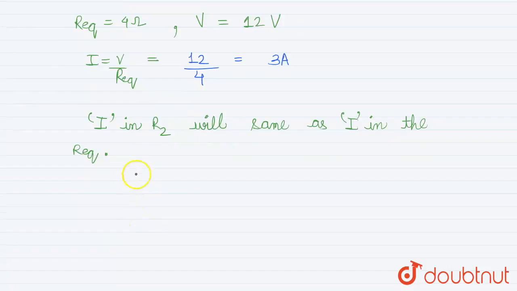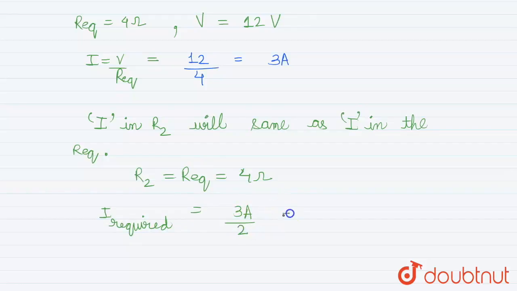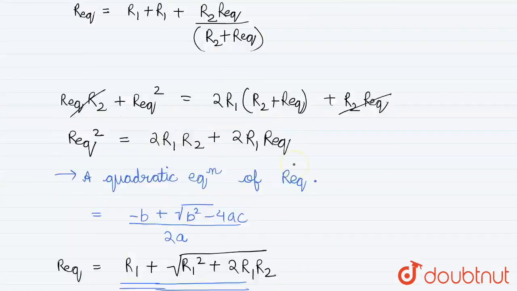Why? Because R2 equals R equivalent equals 4 ohms, and since the current will divide equally, so I required will be 3 ampere by 2, which will be 1.5 ampere. So this is our answer.